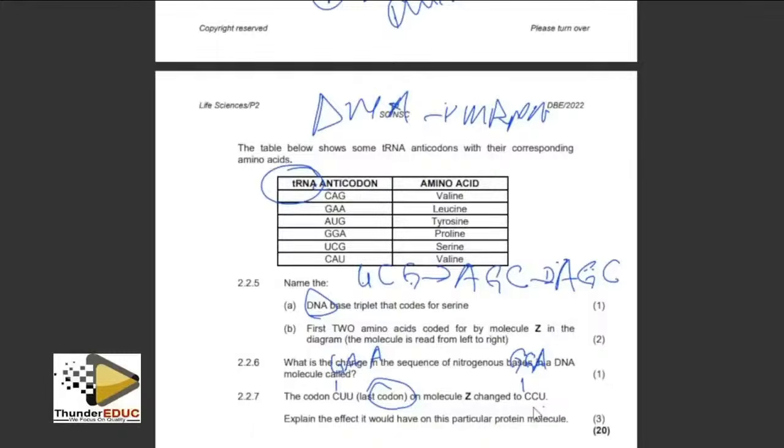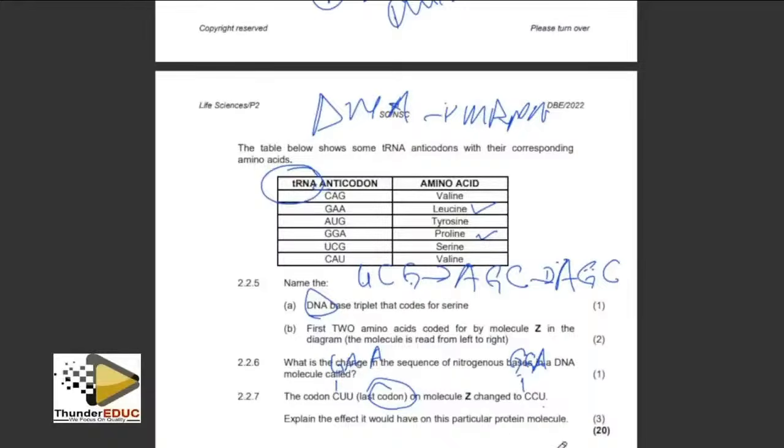GGA is going to be what? Proline. Leucine, a mark. Proline, a mark. Those are 2 marks. Now you tell us that because a different amino acid is coded for, it will result in a different protein.